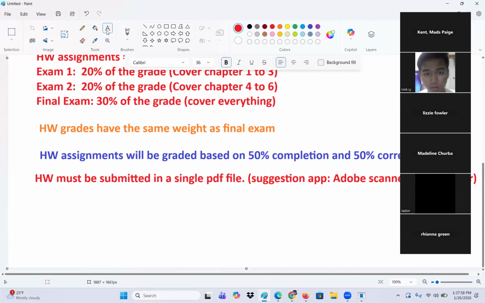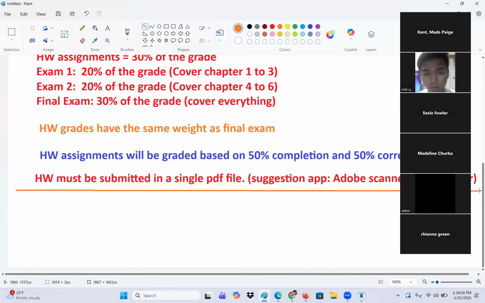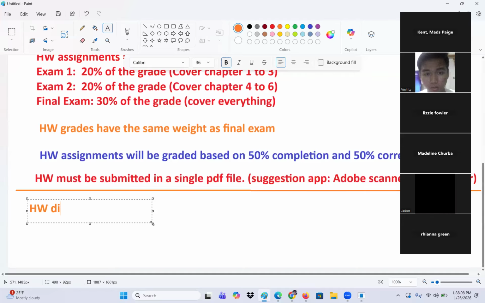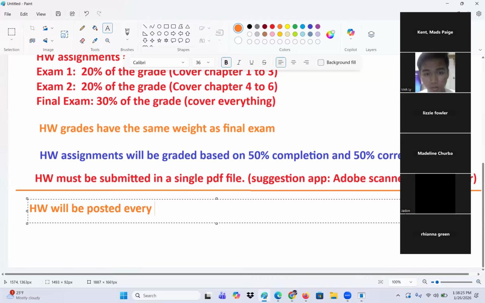Okay. So for the deadline, the homework deadline is set every 2 weeks. We post every week, and the students have 2 weeks to complete them.